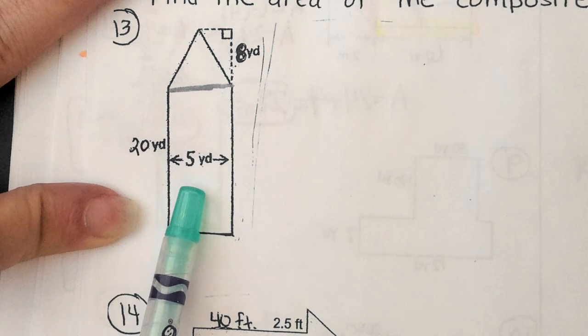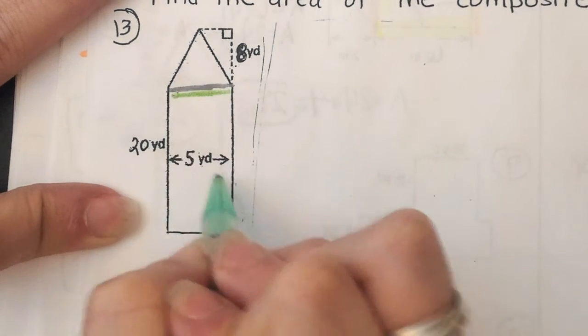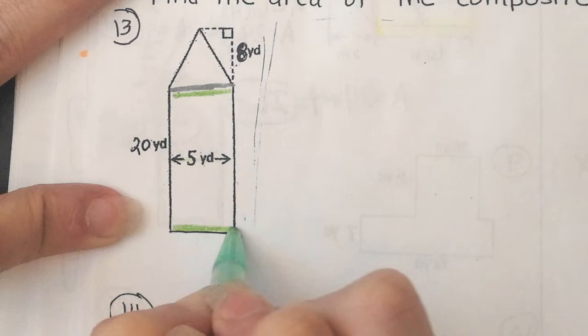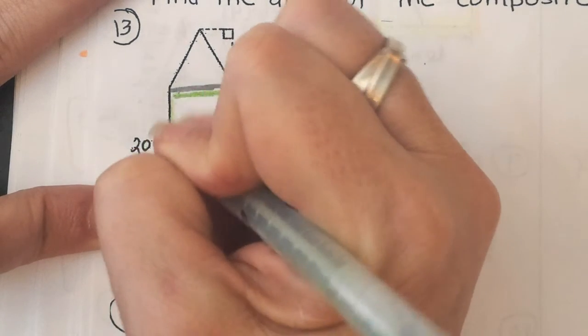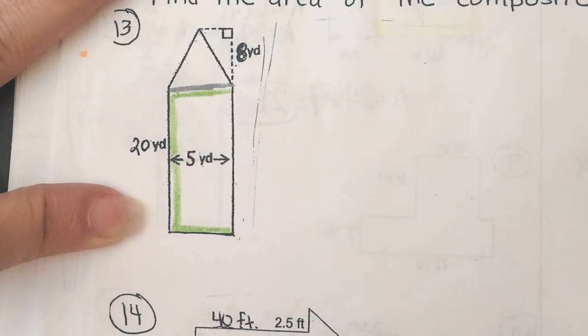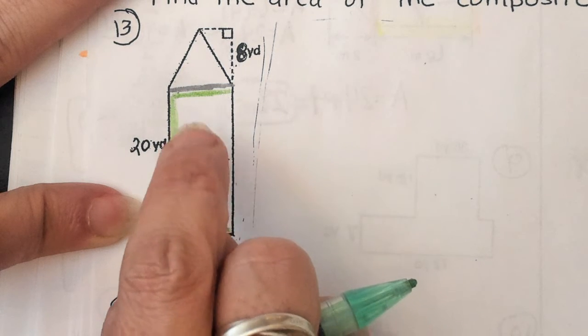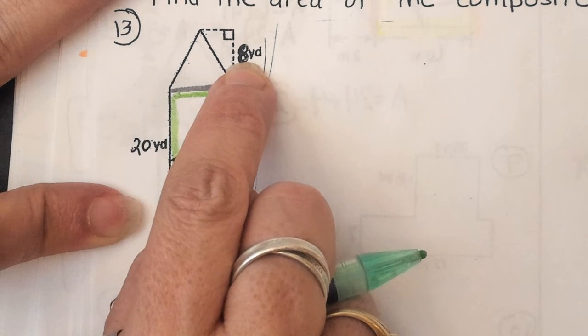Okay, I'm on 13. Those are all 5. And 20. 5 and 20. Does everybody agree? For the rectangle. And then the triangle is 5 and 8, 5 and 8 divided by 2.